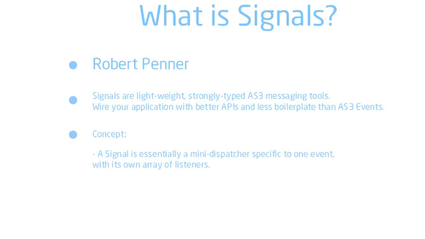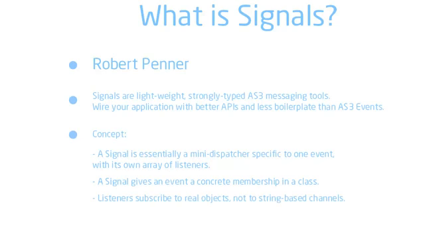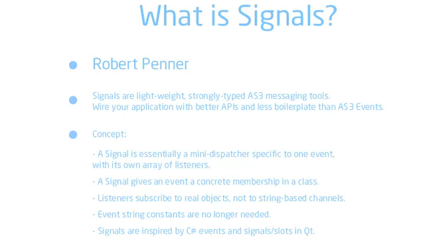Part of the concept behind it is a signal is essentially a mini dispatcher specific to one event with its own array of listeners. A signal gives an event a concrete membership in a class. Listeners subscribe to real objects, not to string-based channels. Event string constants are no longer needed. Signals are inspired by C# events and signals and slots from the application framework called Qt.